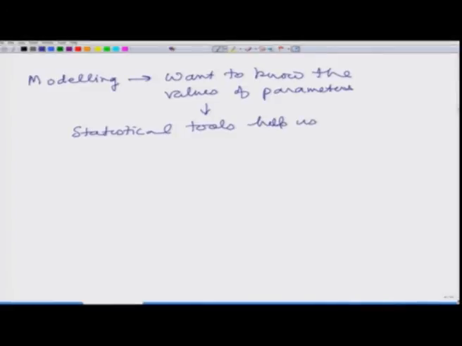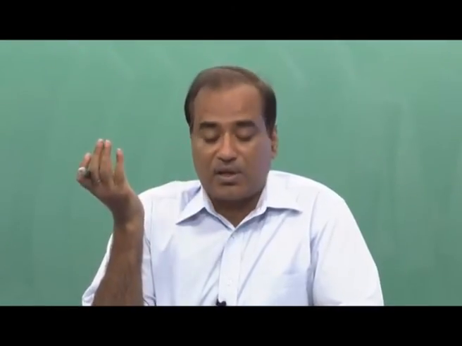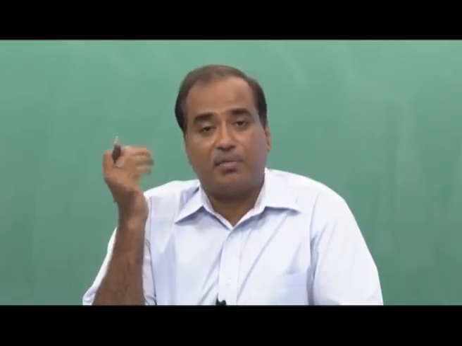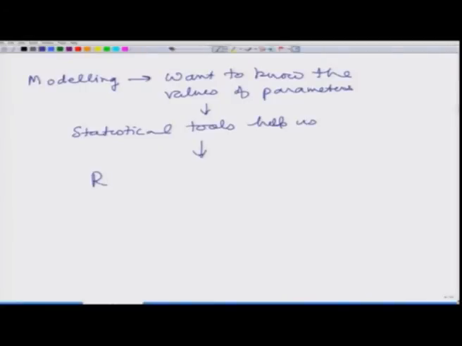There are different types of statistical techniques which can help us in finding out the values of these parameters, and among those techniques, we are going to use the technique of regression analysis. This regression analysis tool will help us find out the values of the parameters on the basis of a given set of data.